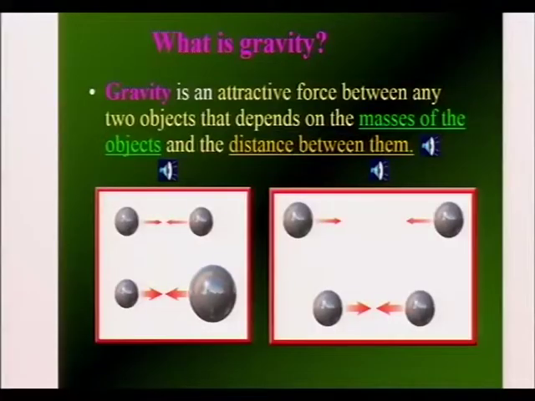And then this brings us to the concept of gravity. What is gravity? Gravity is an attractive force between any two objects that depends on the masses of the objects and the distance between them. So as long as an object has mass, it has gravity.